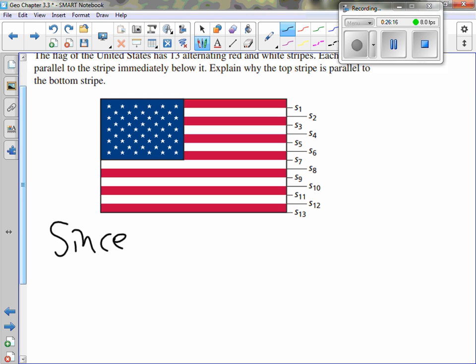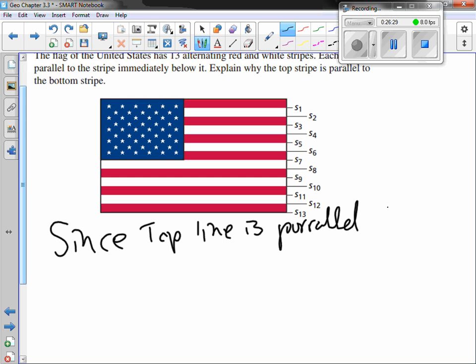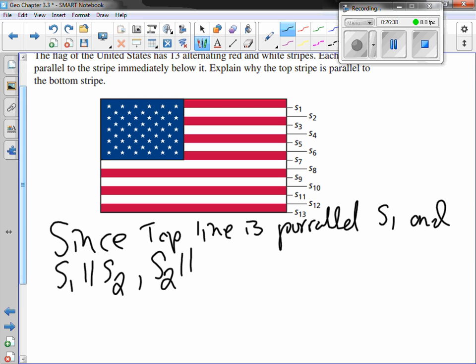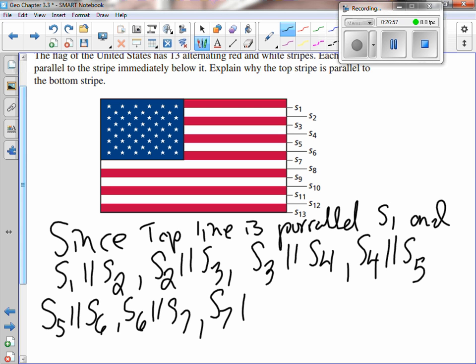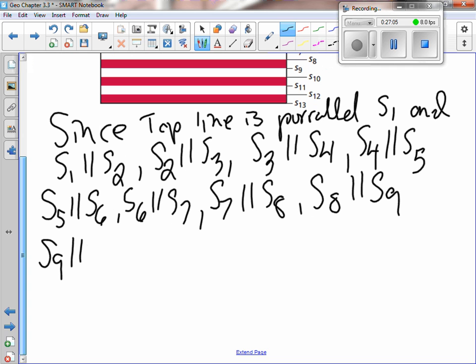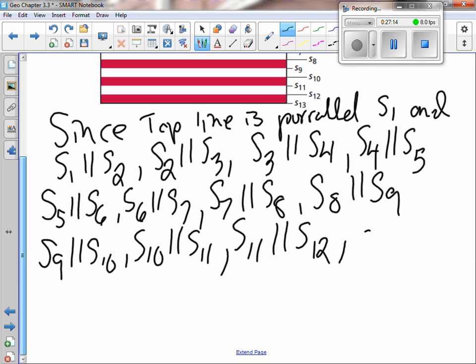You don't have to write this because I don't think any of y'all would want to. Since the top line is parallel to S1 and S1 is parallel to S2 and S2 is parallel to S3 and S3 is parallel to S4 and S4 is parallel to S5 and S5 is parallel to S6 and S6 is parallel to S7 and S7 is parallel to S8 and S8 is parallel to S9 and S9 is parallel to S10 and S10 is parallel to S11 and S11 is parallel to S12 and S12 is parallel to S13.